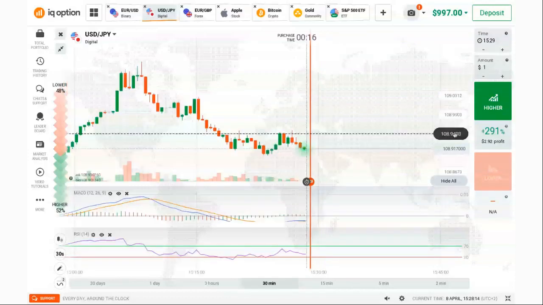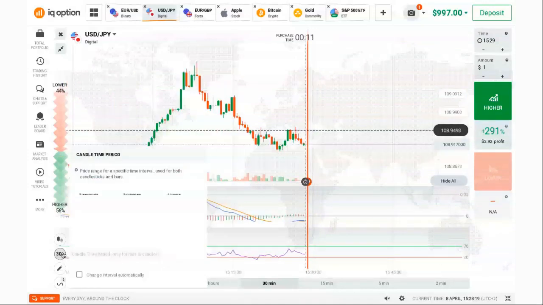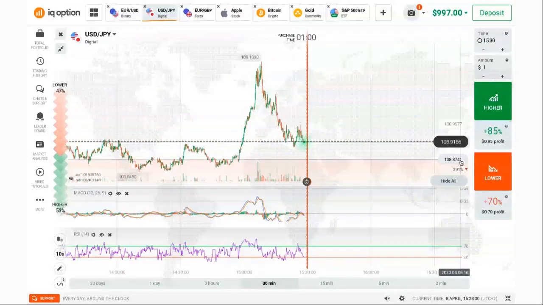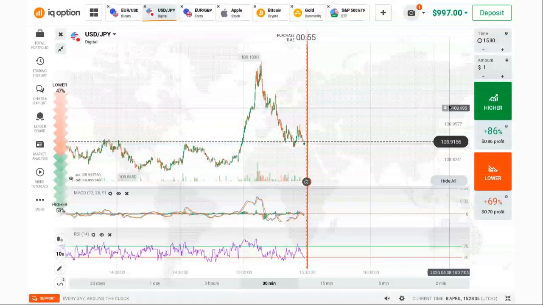There's not one now, and that's literally just market conditions. Perhaps later I'll be able to show you one live, but you can buy within the money. So if I go here, I would be going long within the money and I'd get a payout. Okay. That means that I'm already going in the right direction, but I will get a payout based on it.